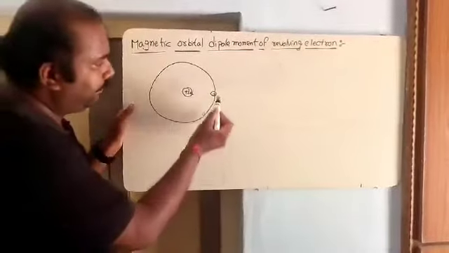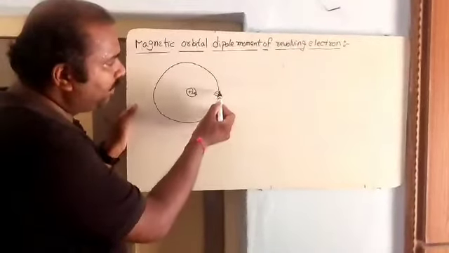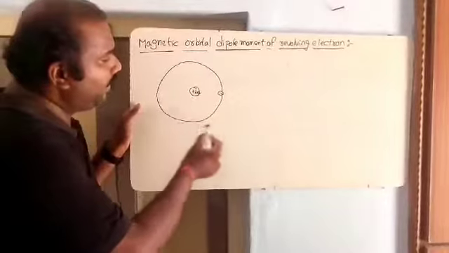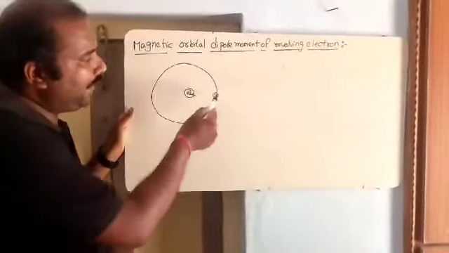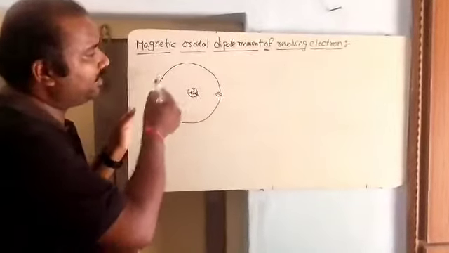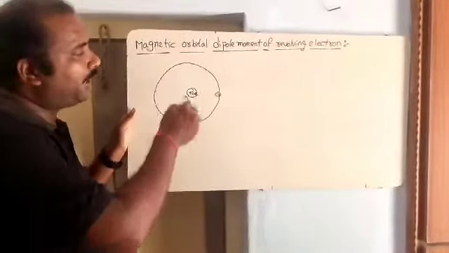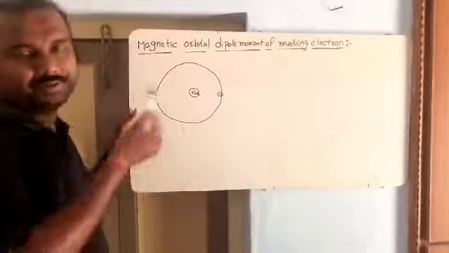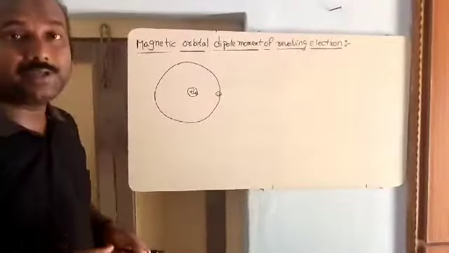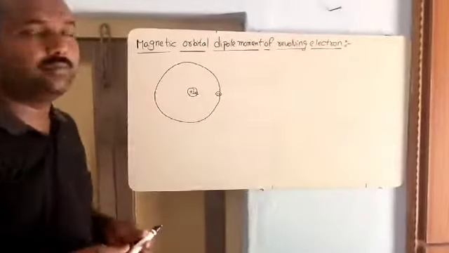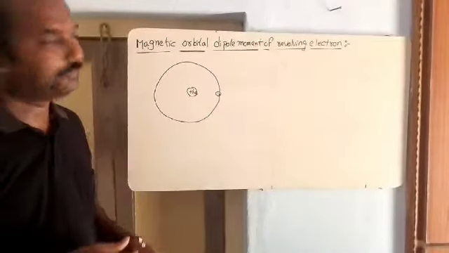Now, if the electrons are revolving in a circular orbit, suppose they are revolving in the anti-clockwise direction, but the conventional current is moving in the clockwise direction, because the conventional current direction is opposite to the movement of electrons.